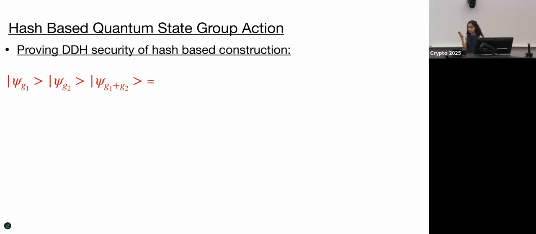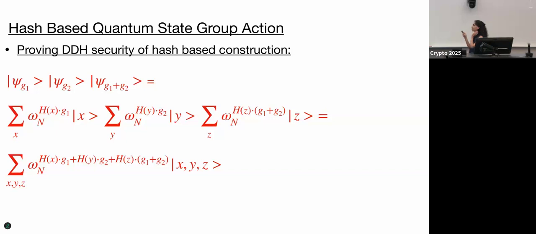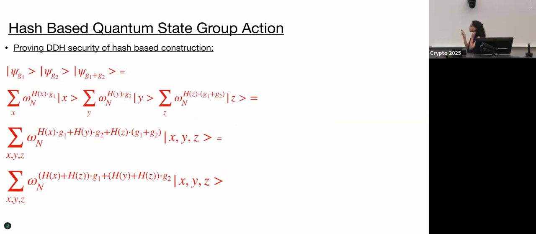Okay, so I'll just briefly talk about how we prove security for the hash-based construction in the DDH setting. In the first case, we have these three states: psi_g1, psi_g2, and psi_{g1+g2}. When we open these states up, we just apply act and get the following state.